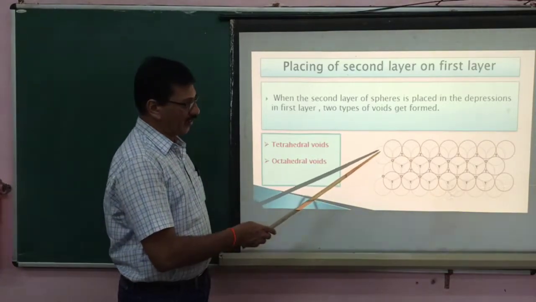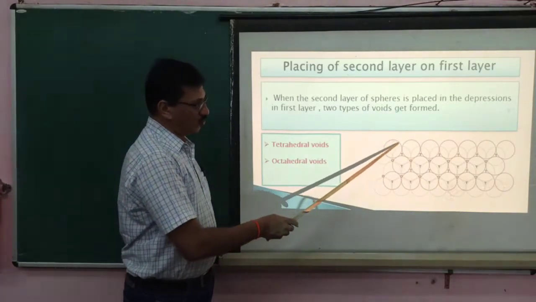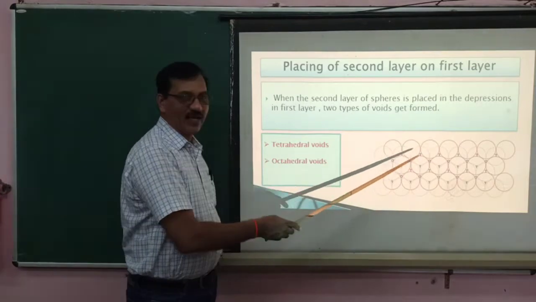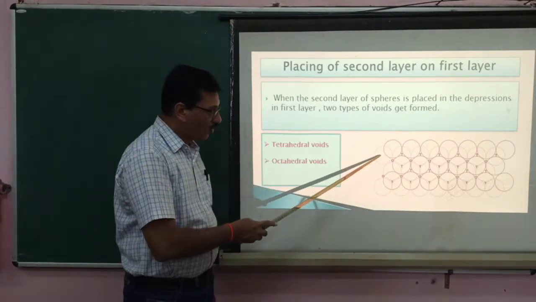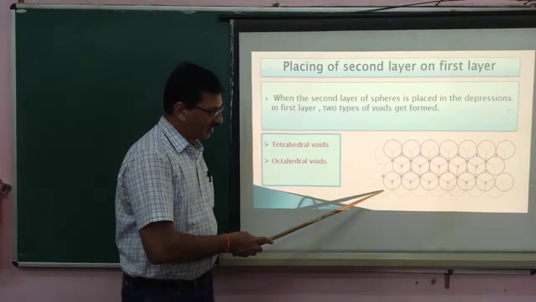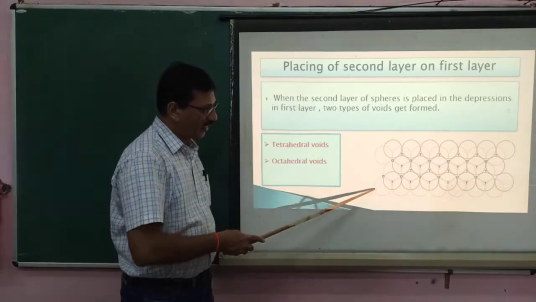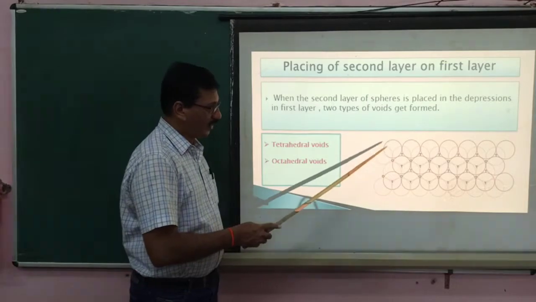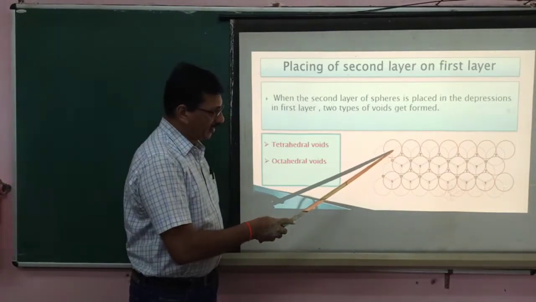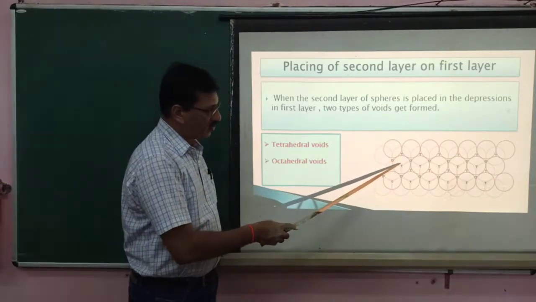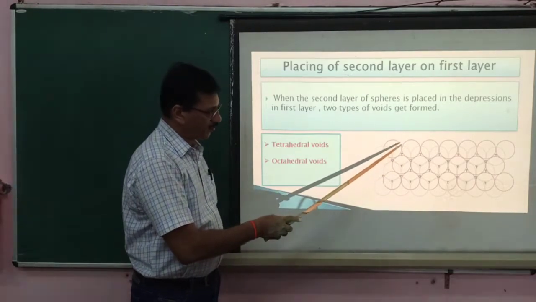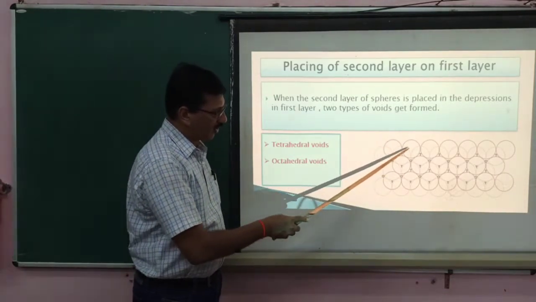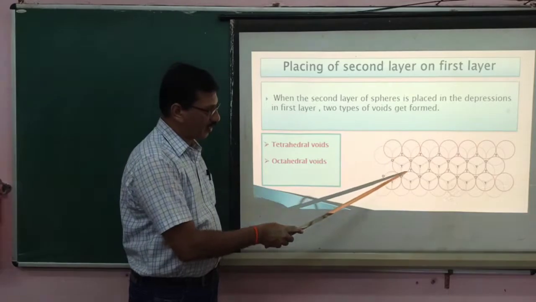Now you can look at the diagram here. The dark circles are the layer above the one under it. The faded circles indicate the lower layer. Now you can see that each atom in the lower layer is surrounded by 3 atoms of the upper layer above it.